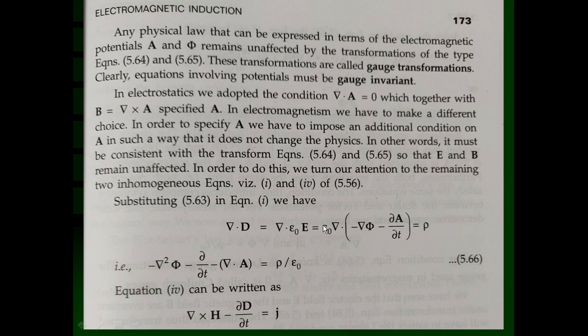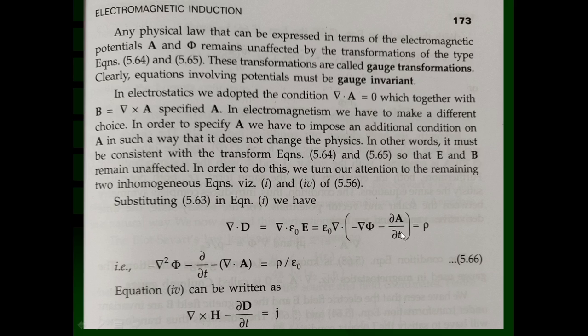Epsilon 0 can be taken as common, so from this side you can remove that epsilon 0. Here again, del is the space derivative and del del T is the time derivative.